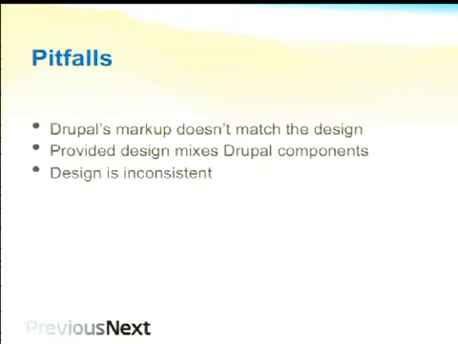Another problem can be that the design itself is fairly inconsistent in its use. So Drupal's structure is more or less fairly uniform. Most of the components that you get in Drupal are structured in much the same way, and the further forward we go in time, the more similarly structured they become. If you have IA or designs that don't take a fairly consistent approach, then you have to selectively override things, and that becomes more difficult and creates more issues.